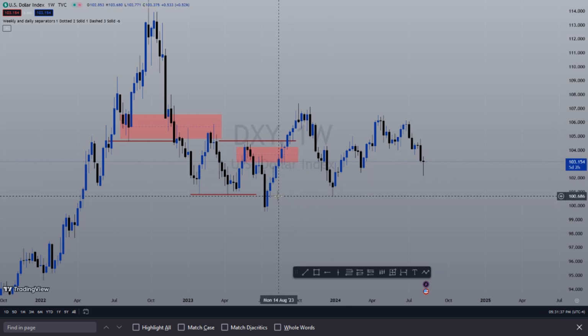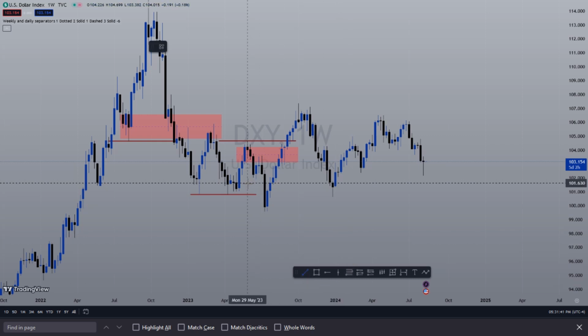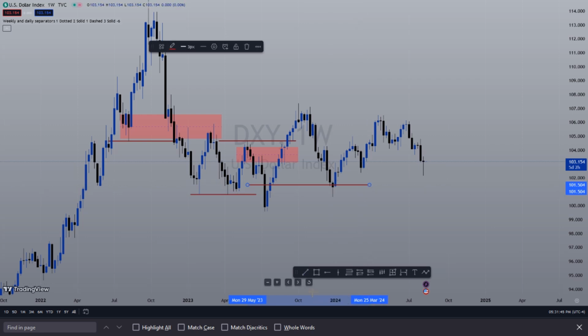market came back to a BPR, balanced price range, right here and right here. That's a fair value gap right there. This fair value gap, which is actually 50% of this down close candle, acted as a support, and then it pushed the market up.